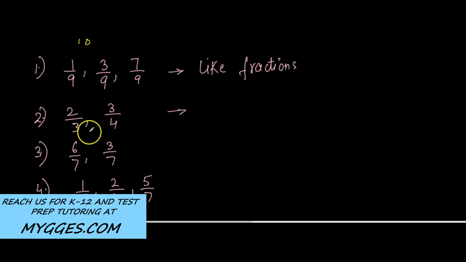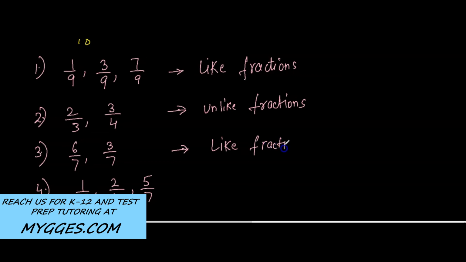In the second one, since the denominators are different or unlike, these are unlike fractions. In the third one, again, the denominators are same, so of course these would be like fractions. And in the last one, all the denominators are different, so these would be considered unlike fractions.